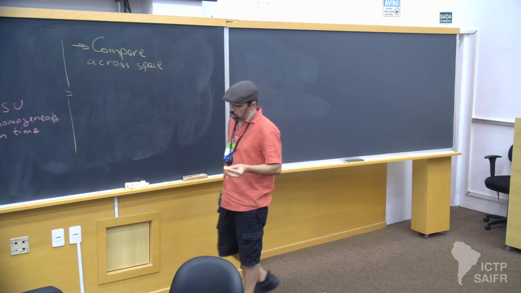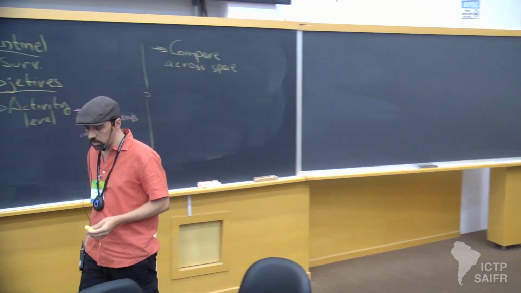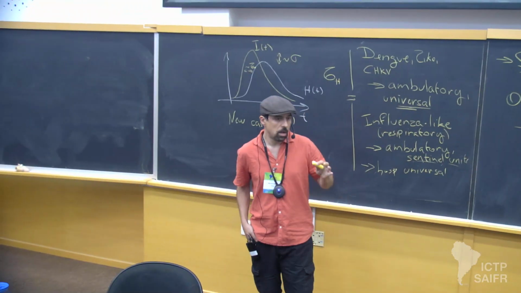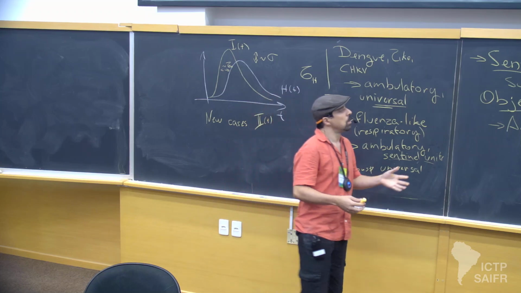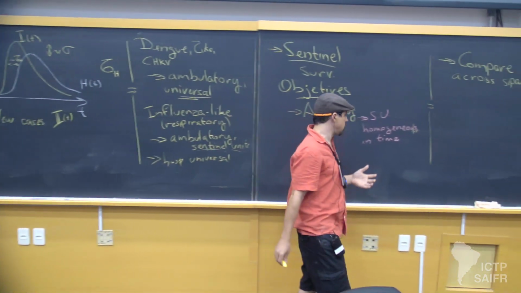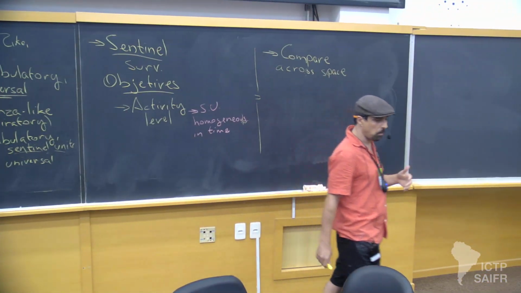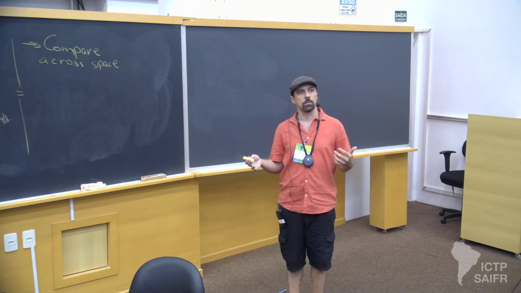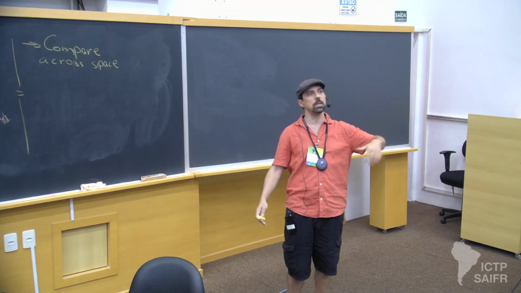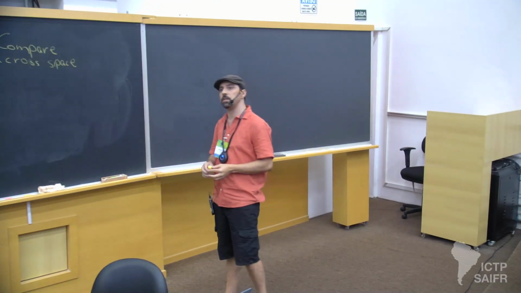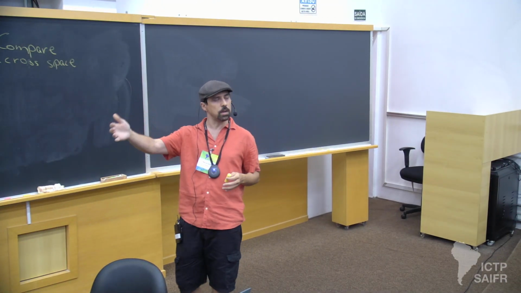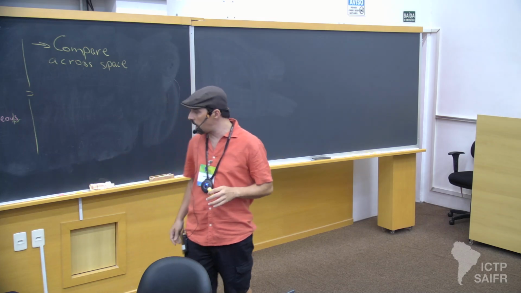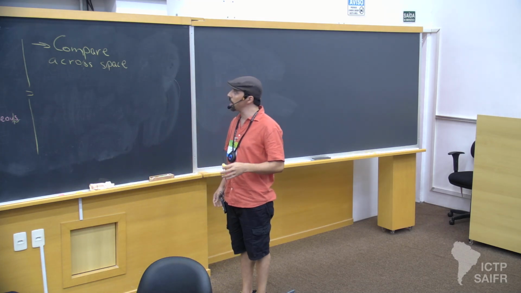Right, so for instance, with my surveillance system, I want to be able to identify if a given pathogen is affecting a given area more than another. Right, I want to know if there is a specific city where I'm seeing higher activity than others, or whether inside the same city, different neighborhoods are seeing more or less cases.